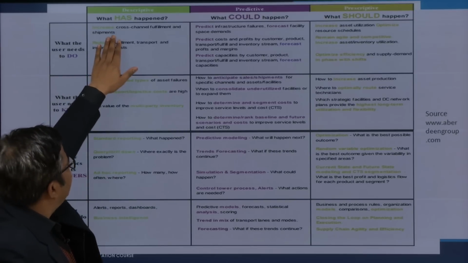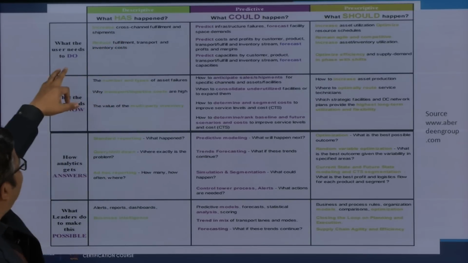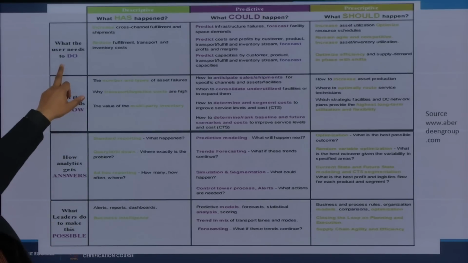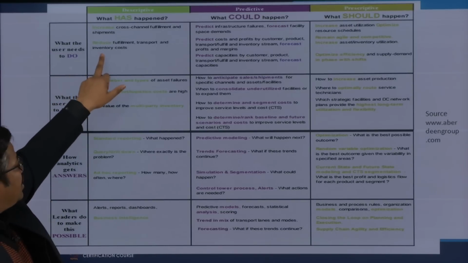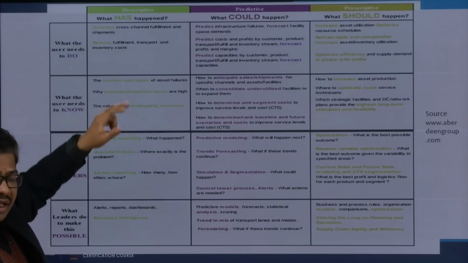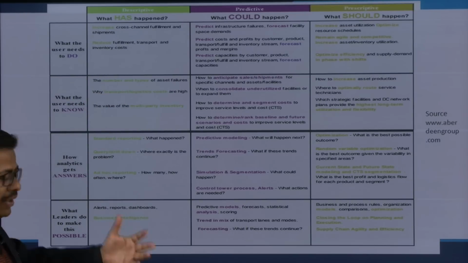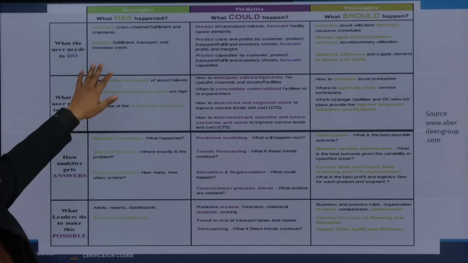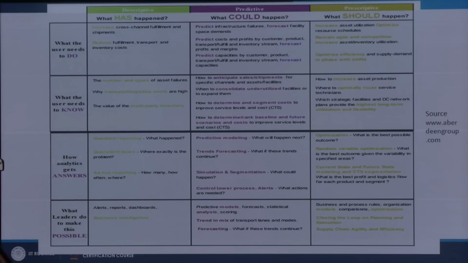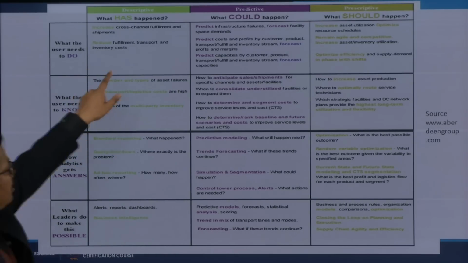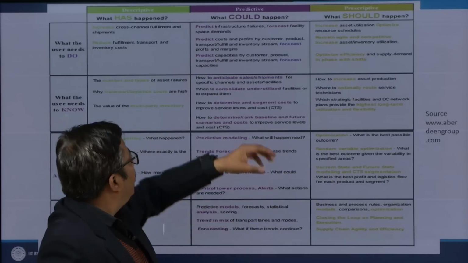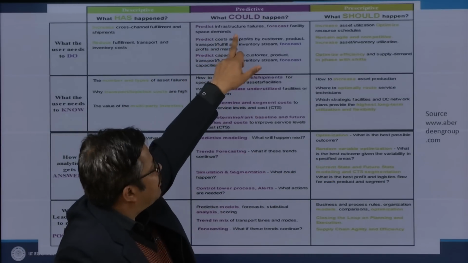User wants to increase cross channel fulfillment and shipment. That is what the user needs to do. User needs to reduce the transportation cost, the inventory cost, the order fulfillment cost. These things the user needs to do. User wants to predict. User wants to predict about infrastructure failure.